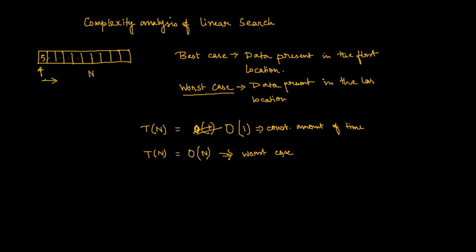So now let's go for complexity analysis of the other type of problems. Other types of problems may be, say, binary search, or maybe merge sort, or maybe quick sort.